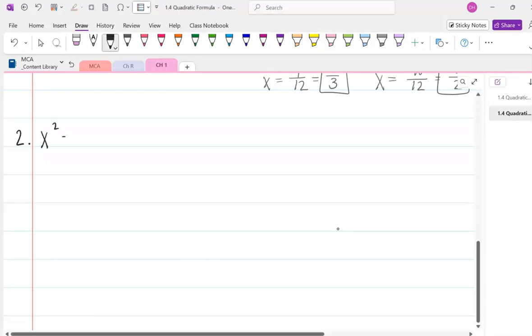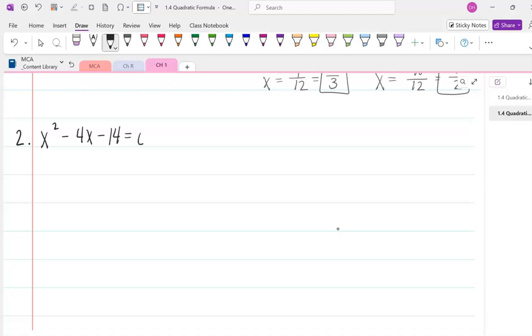We have x squared minus 4x minus 14 equals 0. It's already set equal to 0, so we could just go ahead and write down what a is, what b is, and then what c is. So we've got x equals, it's going to be negative b, and then plus or minus the square root of b squared.